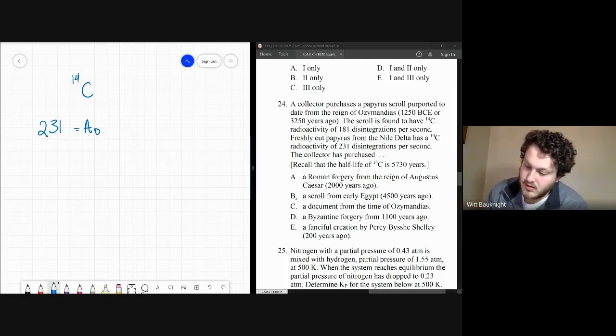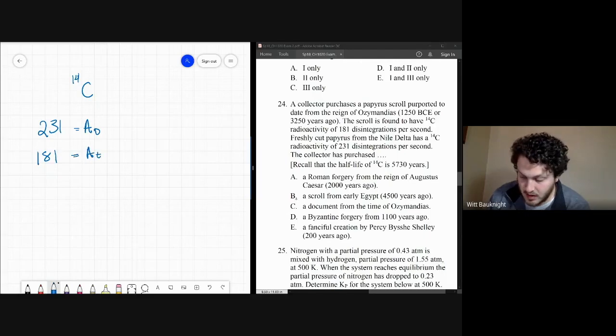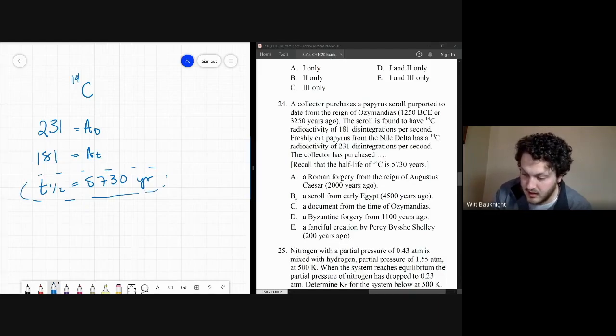Now, we look at this old scroll and see how many disintegrations it has currently. Well, that's 181, A_t. And then we know that the half-life of carbon-14 is equal to 5730 years. We're going to use this to figure out the rate constant, and then use this to figure out t.